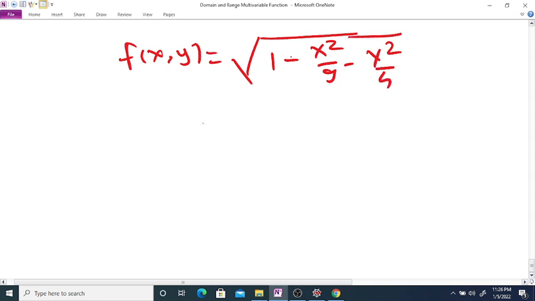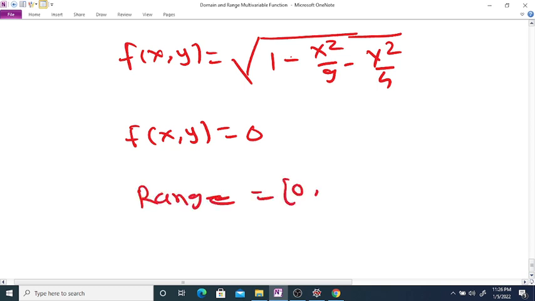Since you can find a pair such that f of x y is equal to 0, but there do not exist negative numbers, and you cannot find f of x y greater than or equal to 1, so here the range is 0 to 1.